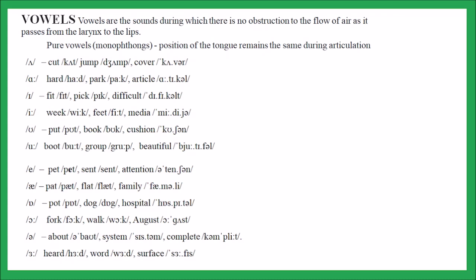The first vowel sound, like an inverted V, that is called A. As in cut, jump. The A sound in jump. Then cover. That is the A sound.